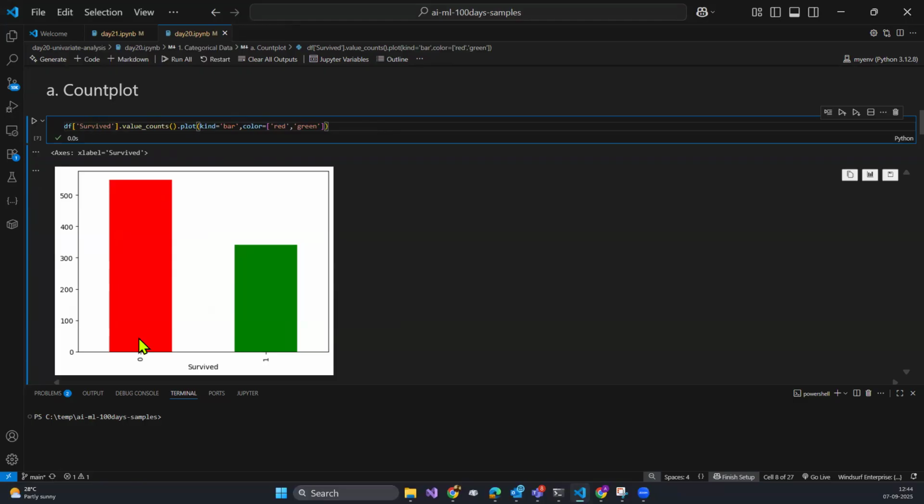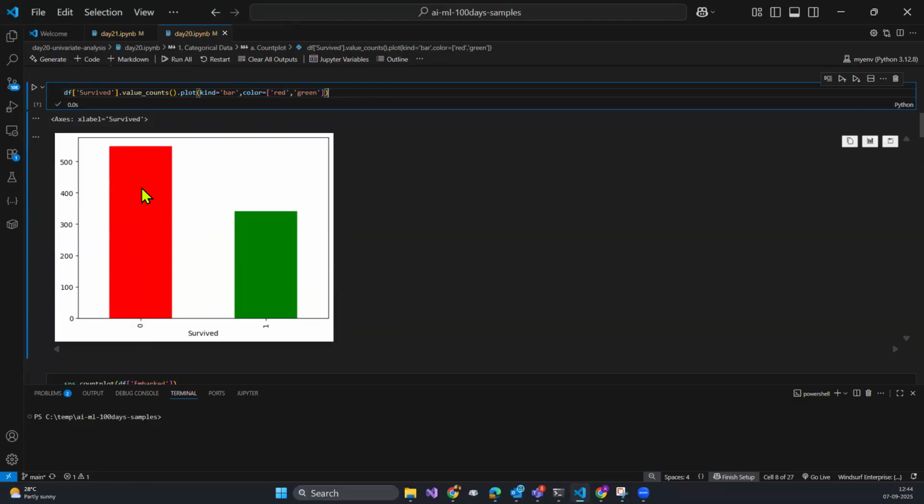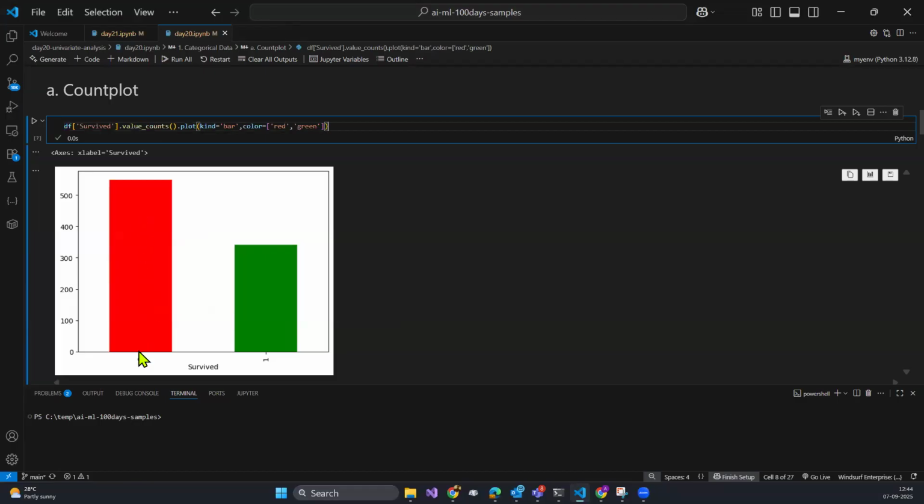So one shows survived and zero shows not survived. With this dataset, we are able to analyze that near about 600 were not able to survive, and approximately 350 survived, right? With this, we are able to conclude.